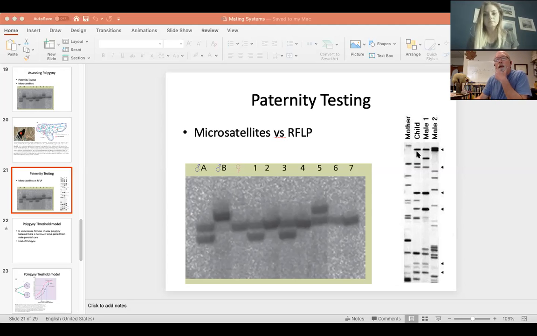So if you look at every marker that the child possesses, they have to have either come from male 1 or the mother. Male 1, mother. Male 1, mother. Male 1 and mother, it looks like. Male 1 and the mother.